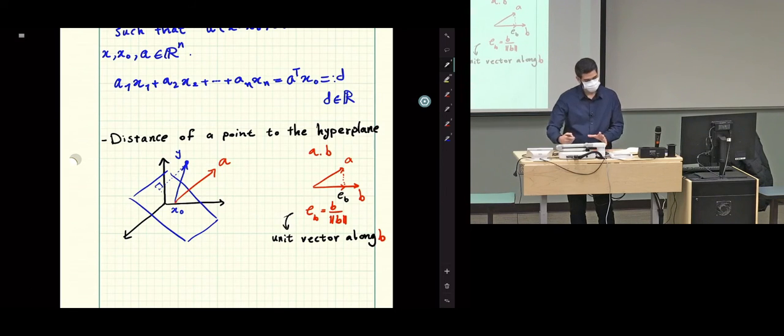So the dot product will project along that side, and A dot B EB, let's call it A prime.